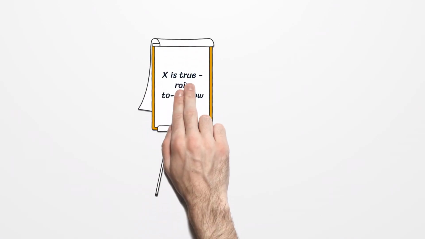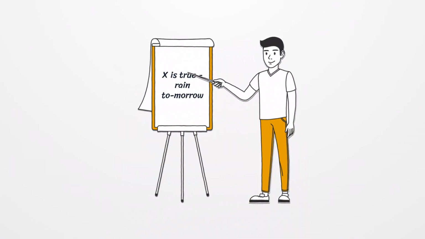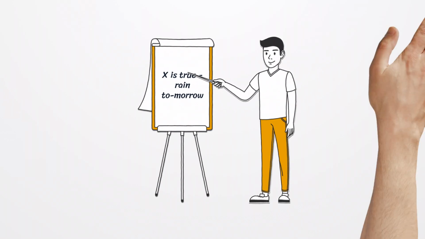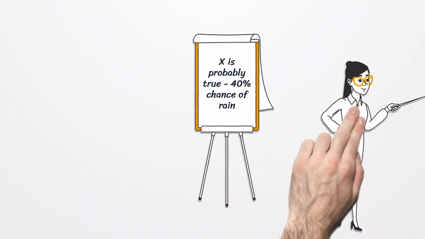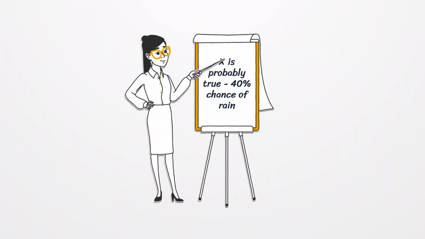You're not limited to saying just X is true or it's going to rain tomorrow. You can also say X is probably true or there's a 40% chance of rain tomorrow. You can make a statement about truth and certainty at the same time. How do we tell if a statement like that is true?